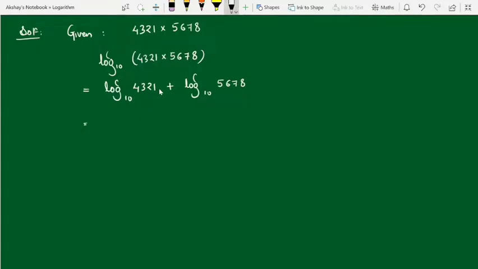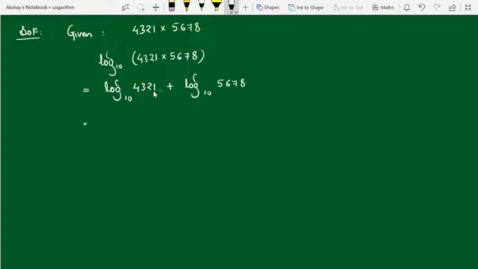Identify the decimal point. Here we have the decimal point. Can you see the shaded part? Identify the decimal point and count how many digits are present on the left of the decimal point. So total how many digits do we have? 1, 2, 3, 4. 4 digits.